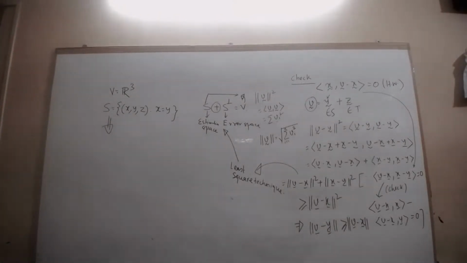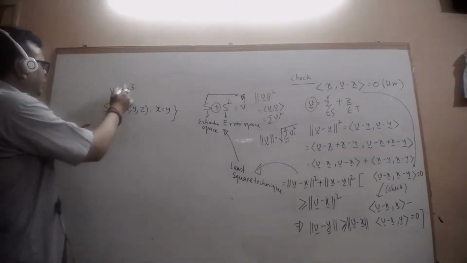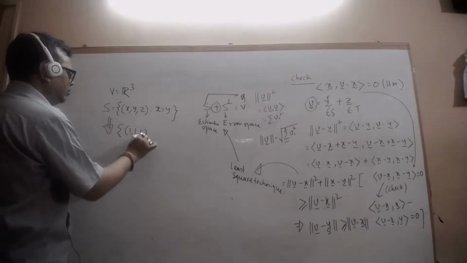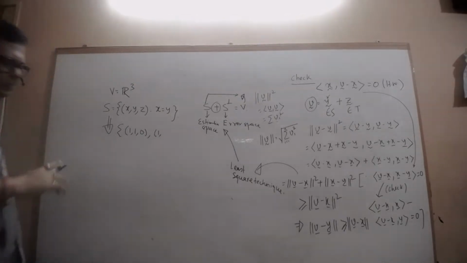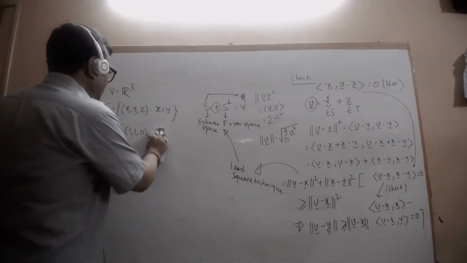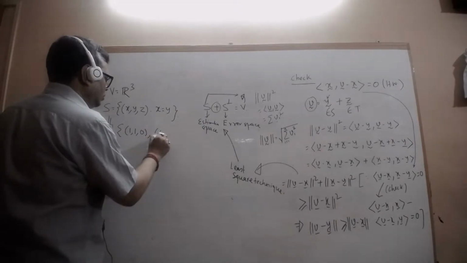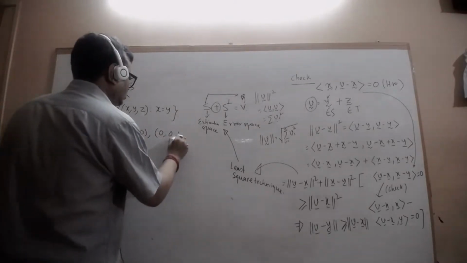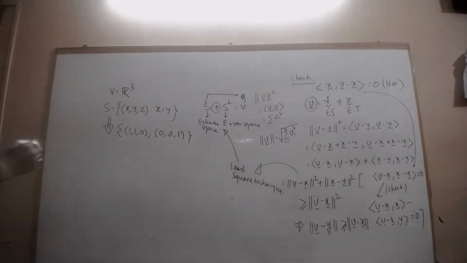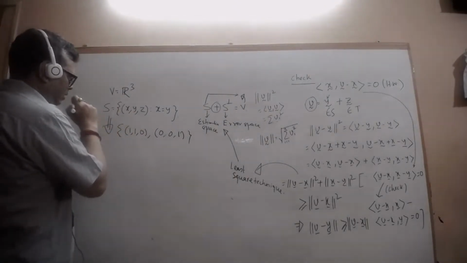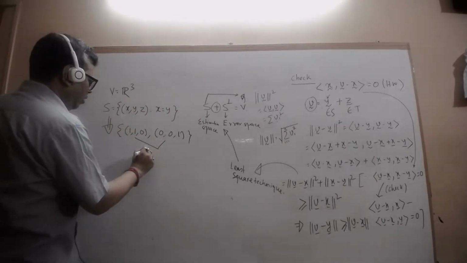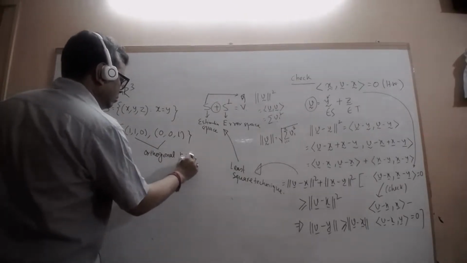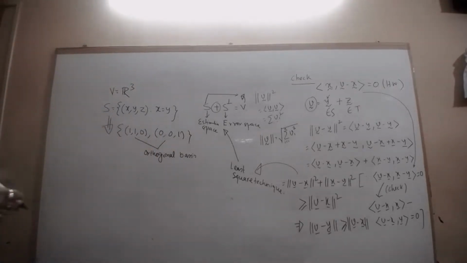Now, in our example, take V equal to R^3 and S as given, with the basis of S as shown. You can check that this is an orthogonal basis, because the scalar product of these two vectors is 0.